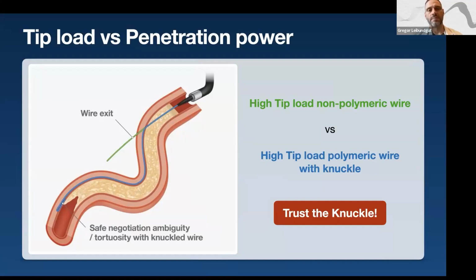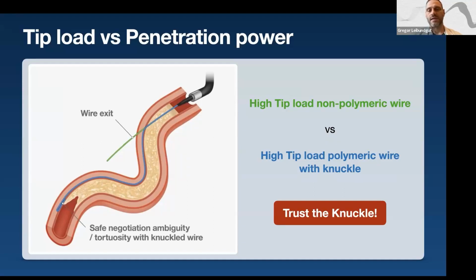Therefore, on the opposite, to make the tip not pointy, we need to have a large tip surface area, and that can be achieved by folding the wire, and therefore having basically twice the tip area, and reducing your tip load or your penetration power actually by half. This is what happens when you do knuckles.